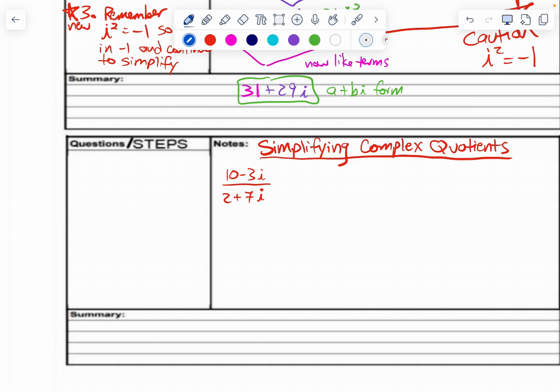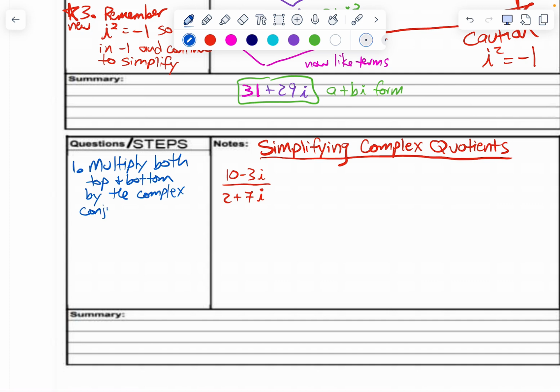So we would like to get rid of an i and not have this ugly complex fraction like this. So you're going to multiply both top and bottom by the complex conjugate.